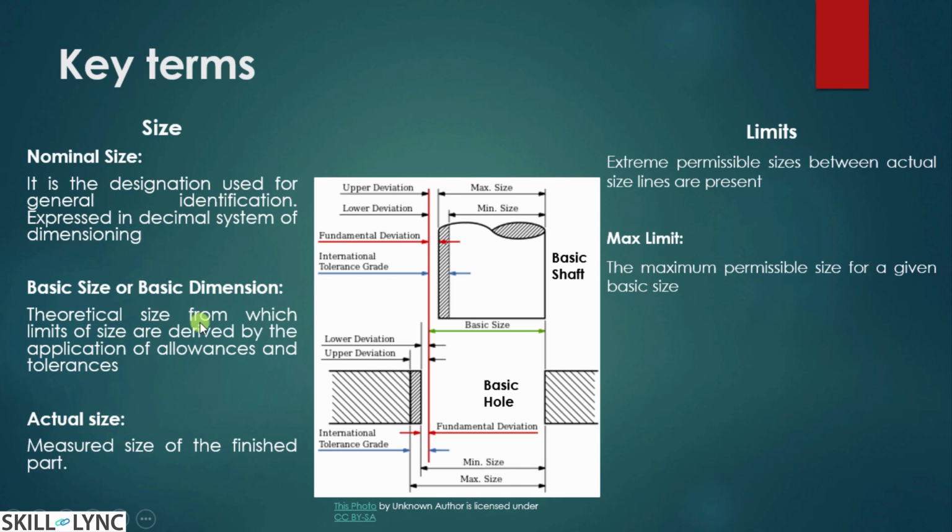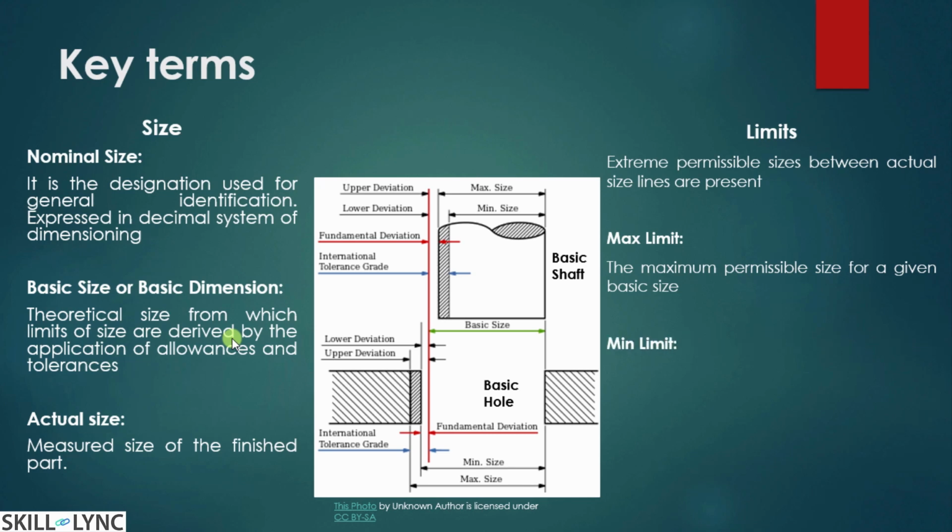So this 50 mm dia, you refer to the shaft as a 50 mm shaft, that means the nominal shaft. To apply the tolerances you need to have a basic dimension, and this basic dimension is again 50 mm, and for that basic dimension you say that the maximum size that is possible is say 5 microns. So 50 plus 0.05 is going to be your max limit for that shaft.